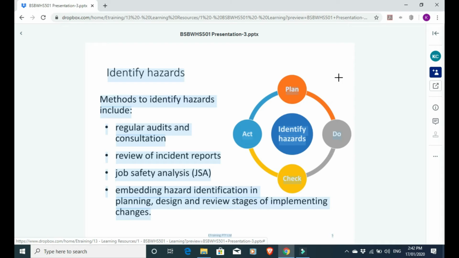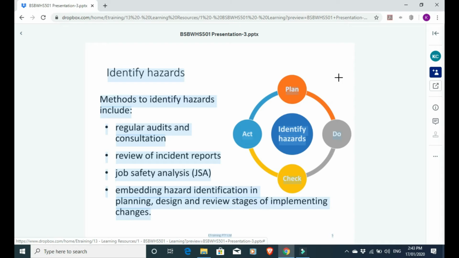Then you've got to review incident reports. Go back and ask what we have listed in previous years, or what has been recorded as hazards. Some might not be visible to the eye and cannot be identified until you begin to run the process of manufacturing and doing the job.